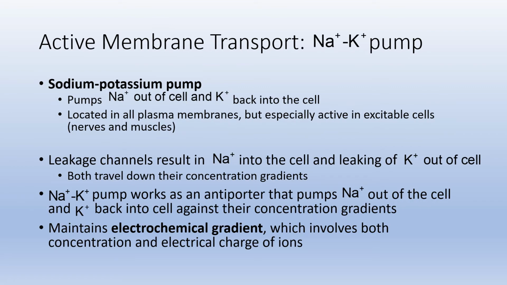For the next few slides, we will focus on the sodium-potassium pump. It is an example of an antiporter, meaning that it transports different substances in opposite directions. And it is also the best or most studied example of primary active transport.